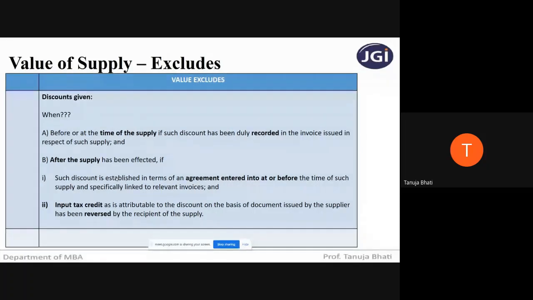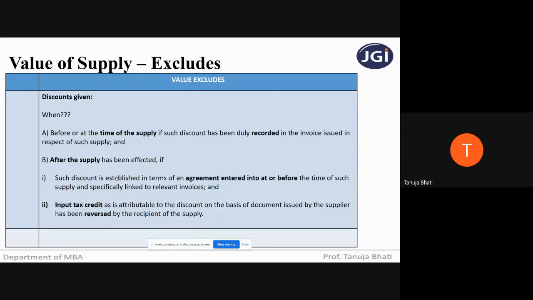So let me just again repeat this particular slide. Value of supply excludes discount. Which discount? Discount which is given before or at the time of supply should be excluded. That is, without any condition, it has to be excluded if it is given before or at the time of supply and the invoice is showing the discount amount. After the supply also, if discount is given, it should be excluded only if two conditions are met.